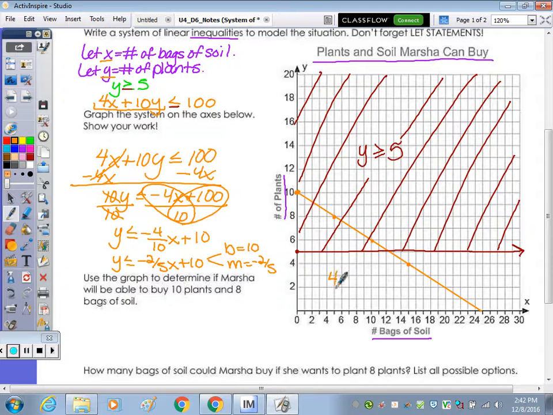Our label would be 4x, the original, plus 10y is less than or equal to 100. So I'm going to shade, so it's a little bit different. I'm going to go this way. My solution set is going to be right here.